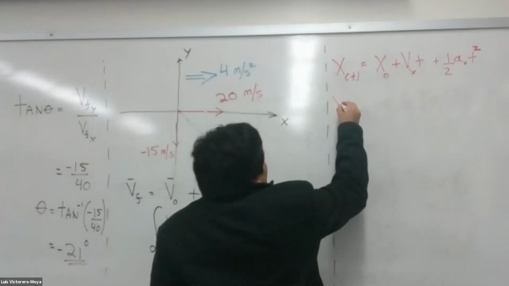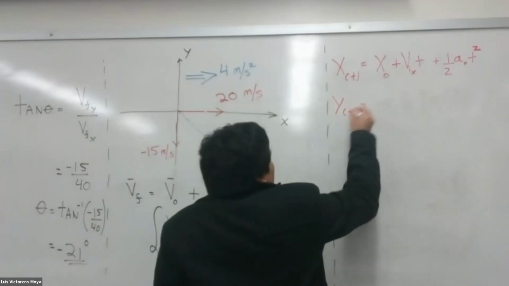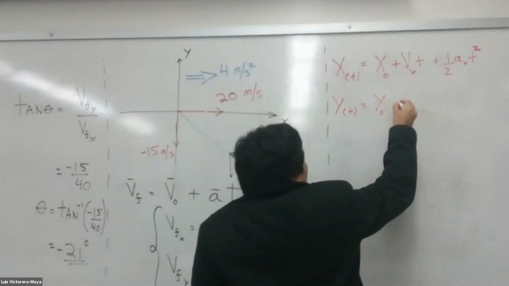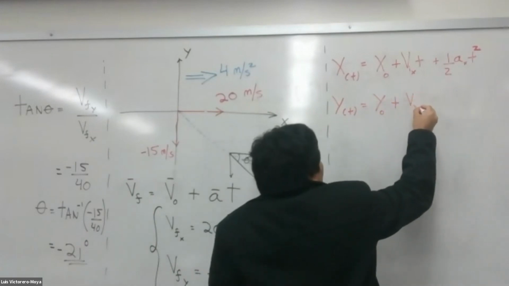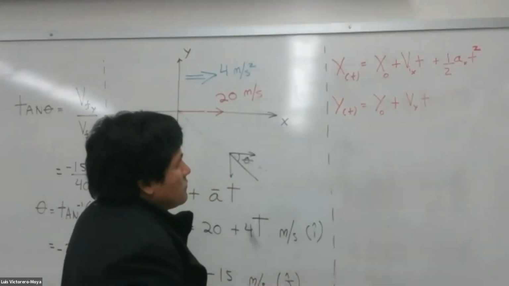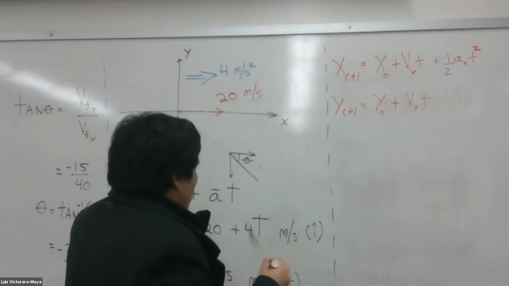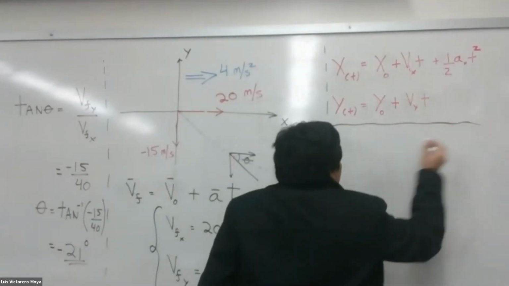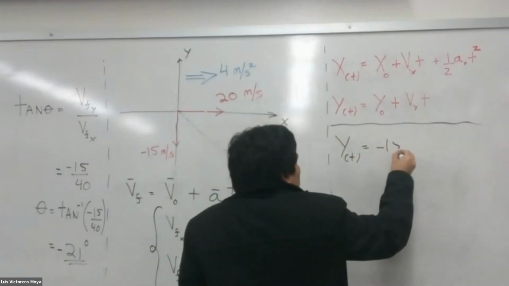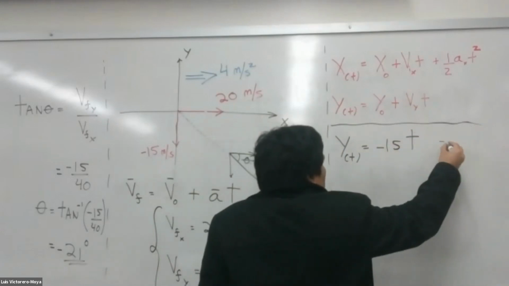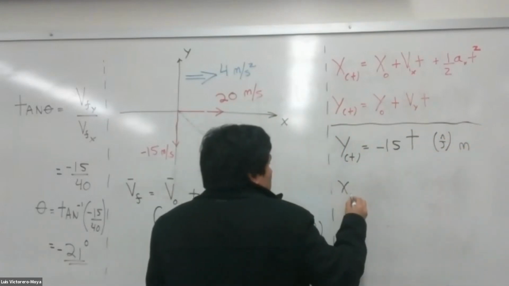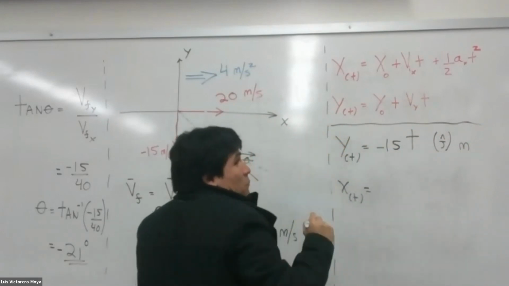And the same I can say for y. But for y, there is no acceleration. So it's just y initial plus v on y times time. So for y, as a function of time, will be minus 15 t j meters. For x, because the initial position was 0, right?